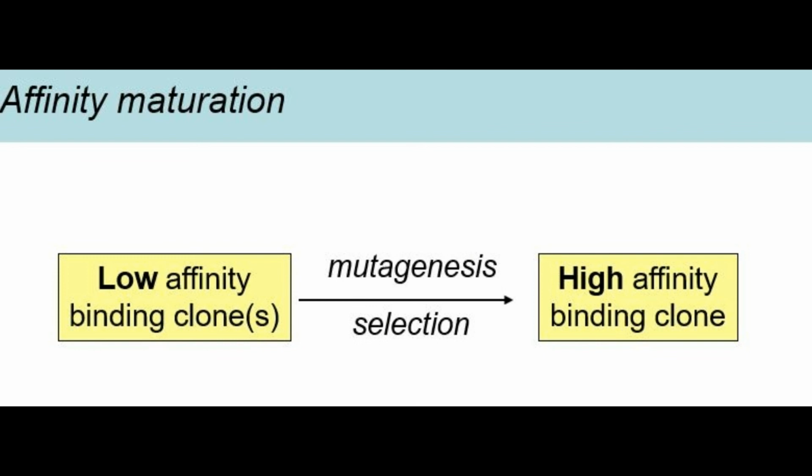Or you can have chain shuffling, which basically means that you recombine sequences within your DNA. You can also have mutations during the PCR process, or you can have the mutator E. coli, the cell machinery that helps you to replicate your single-stranded DNA, can also cause some sort of mutations to it. And this can help us to have a high affinity binding clone at the end of our entire replication process.